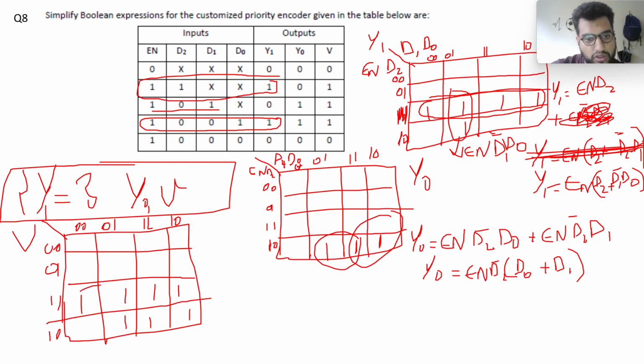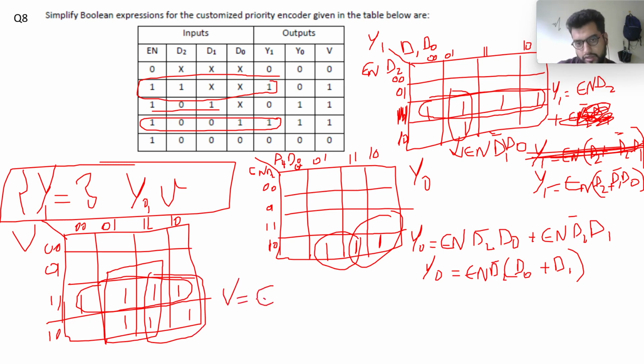So I can construct three quads, 1, 2 and 3. I'll skip some steps: v is equal to en d0 plus d1 plus d2. You can check this, it is your answer.